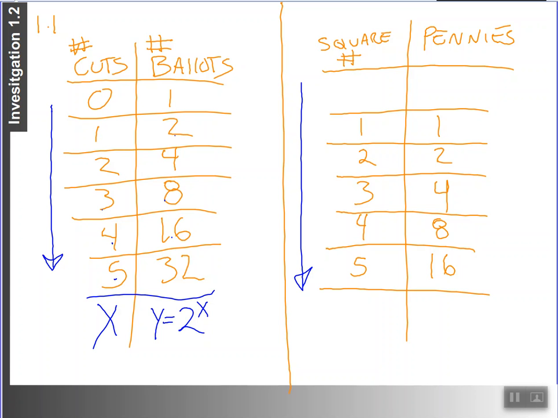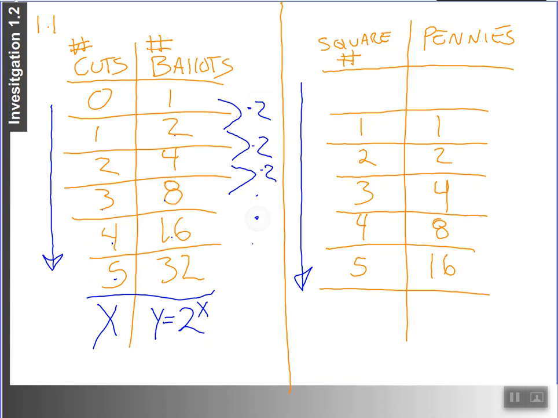Max. No, doubling. Doubling is the right vocabulary there. So you're right. You're absolutely right. So between the ballots, we are multiplying by 2 every time.